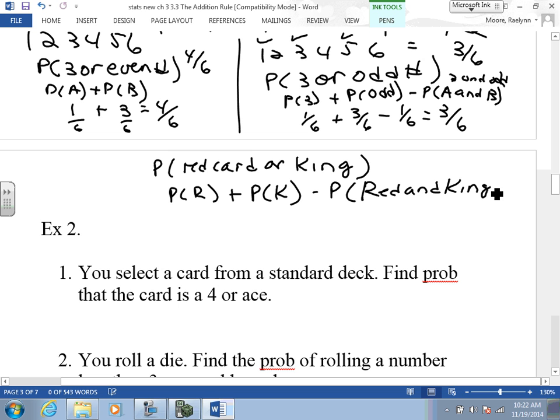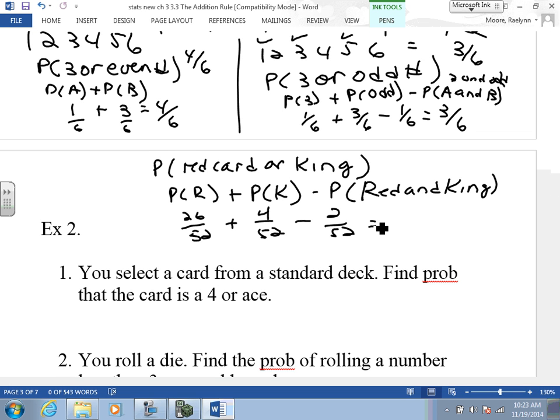So how many red cards? 26 out of 52. How many kings? 4 out of 52. How many of those kings are red? 2 out of 52. So in that case, it's not the same. It just so happened the example I gave you was the same. So it'll be 28 out of 52.